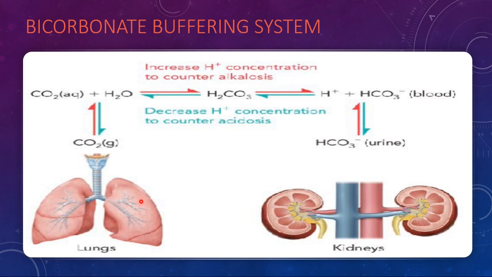So it's a respiratory component, and it is a metabolic component. Here carbonic acid is a respiratory component, and here the bicarbonate ion is a metabolic component. So this is all about the bicarbonate buffering system, which is one of the most important physiological buffering systems that we have.